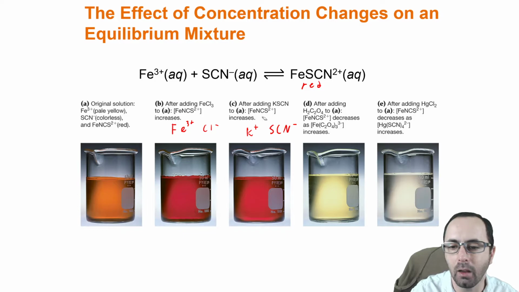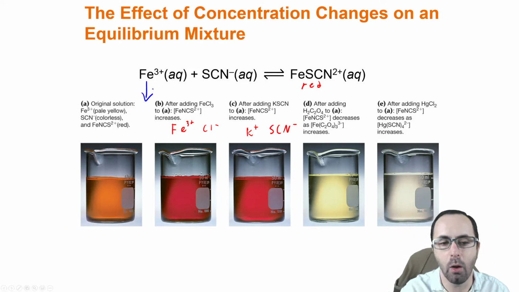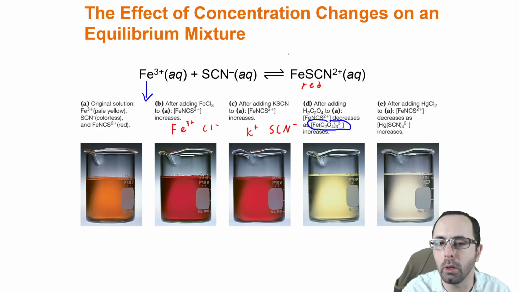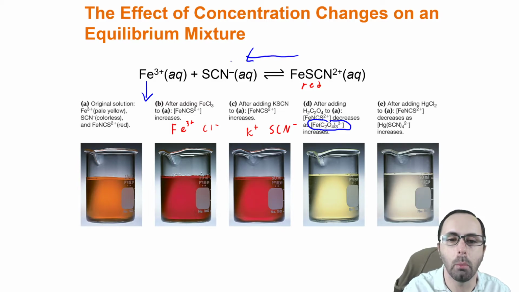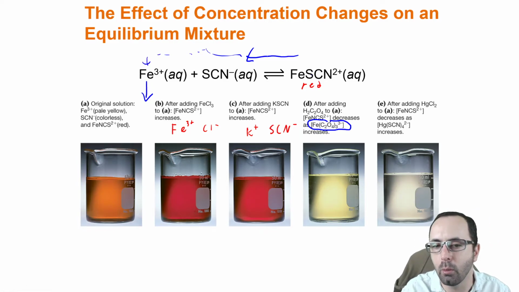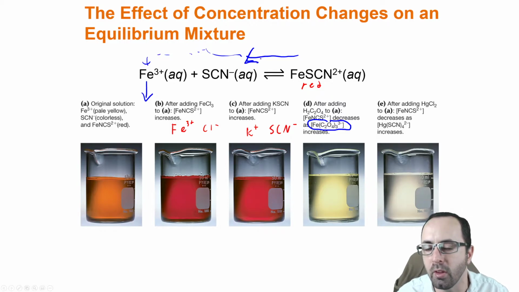So by adding the oxalate, we've effectively removed the iron ions from solution. They have now become this species right here instead. And so the equilibrium shifts left to try to replace the iron that we lost. That consumes some of this iron thiocyanate, and so the beaker becomes less red because we have less of the iron thiocyanate complex.